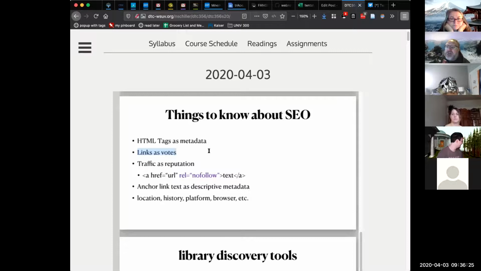So if you're part of some sort of group, if you're doing a church or a synagogue or a mosque website, and your group belongs to an ecumenical council of religious groups in your area, you can say, let's all link to each other so our collective SEO is improved.